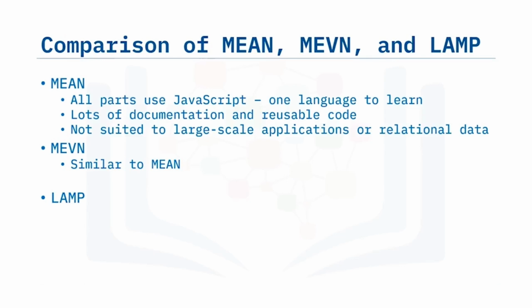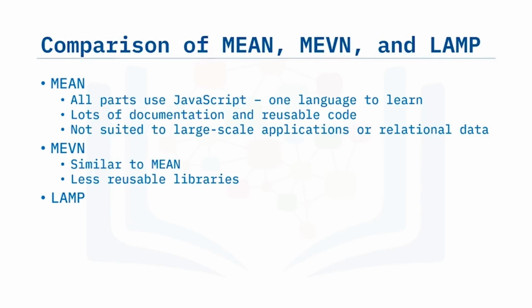The MEVN stack is a web stack, like Mean, but it uses Vue.js instead of AngularJS for user interfaces. MEVN and Mean stacks have similar advantages, but Vue.js is a much newer technology and doesn't have as many reusable libraries as AngularJS.